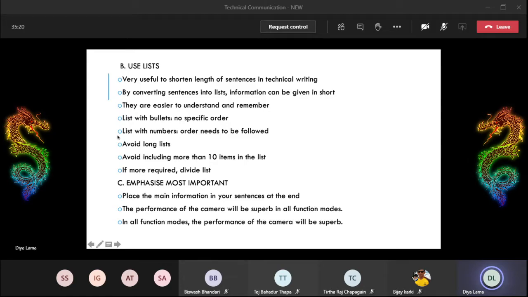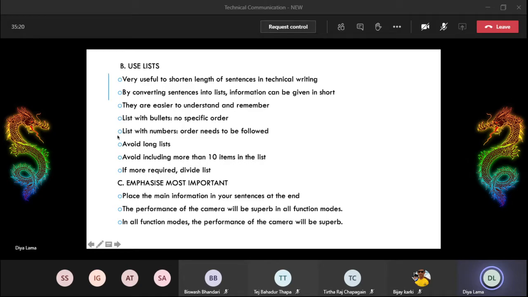So avoid long lists. Do not just write lists in your documents, right? Suppose you are writing a document and think, now I'll make the sentences short and clear, and so write only lists. Don't do that. So avoid including more than 10 items in the list.